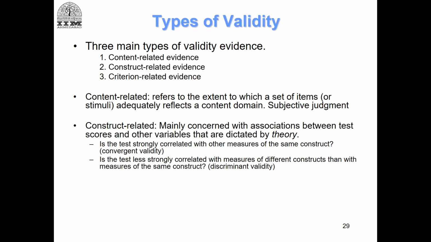Then there comes discriminant validity. That means my construct is different from another construct which is different in meaning. So that is called discriminancy testing. We will do both convergent validity and discriminant validity when we will be doing this.